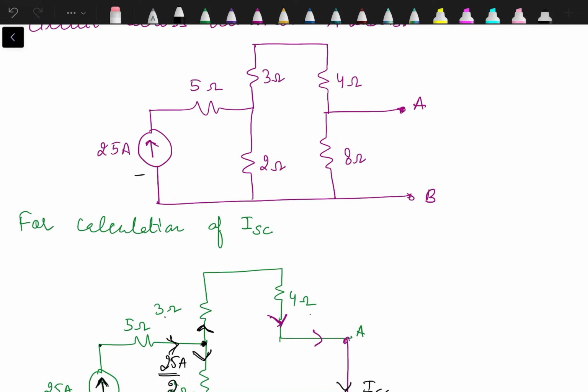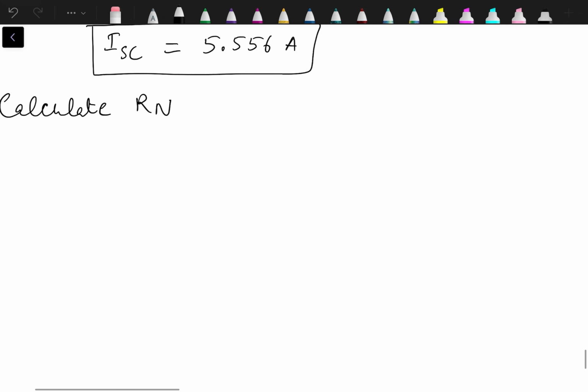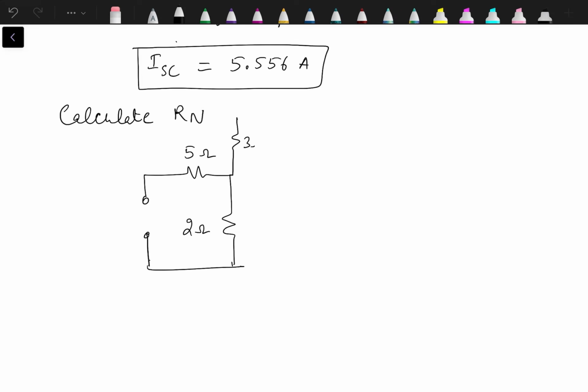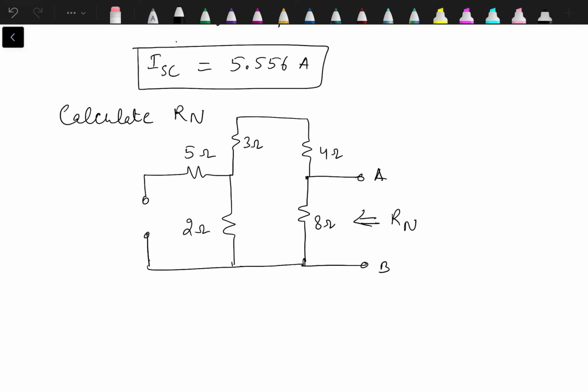The rest of the resistances will remain as they are. 5 ohm, 2 ohm, 3 ohm, 4 ohm, 8 ohm, and these are terminals A and B. We have to find out the equivalent resistance seen from terminals A and B.